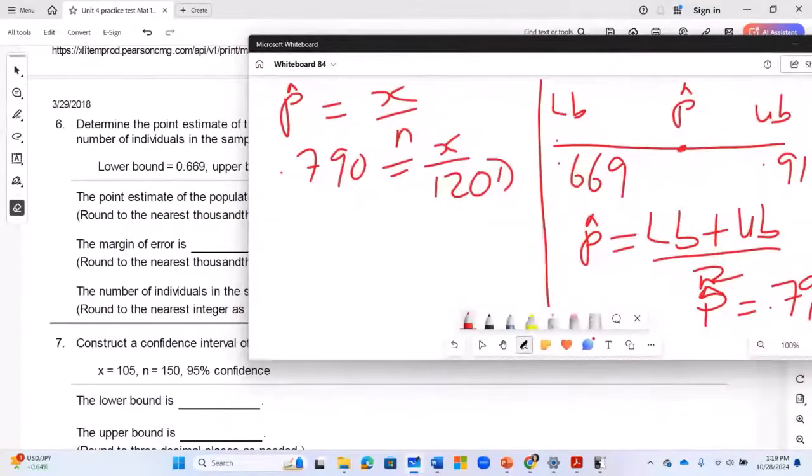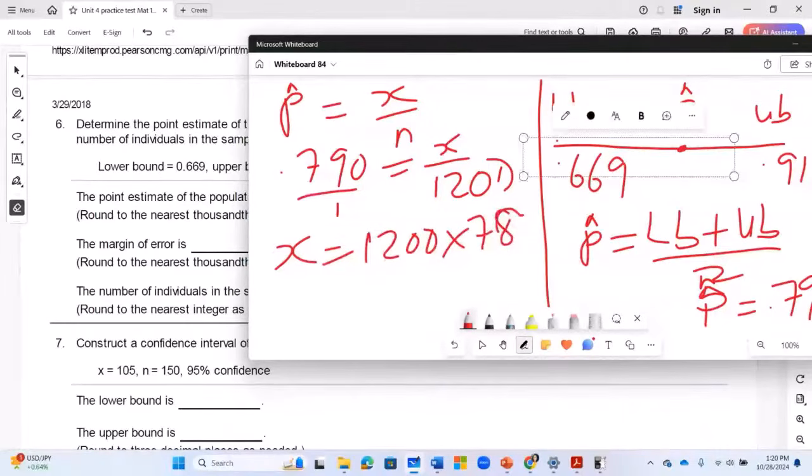I will just solve the proportion. If I solve the proportion, I see that x is equal to 1200 multiplied by 0.790. So the number of people who showed up is 1200 times 0.790.